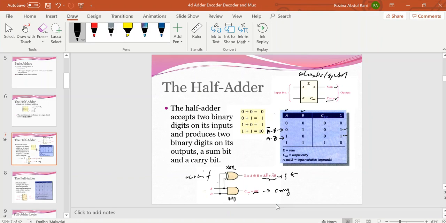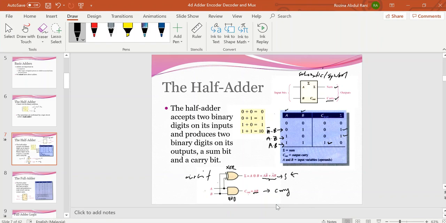So we refer to the truth table. Okay, so only this condition gives output 1 for carry. So the minterm for carry is A dot B. Okay, so you refer back to your lecture note in chapter 4b.